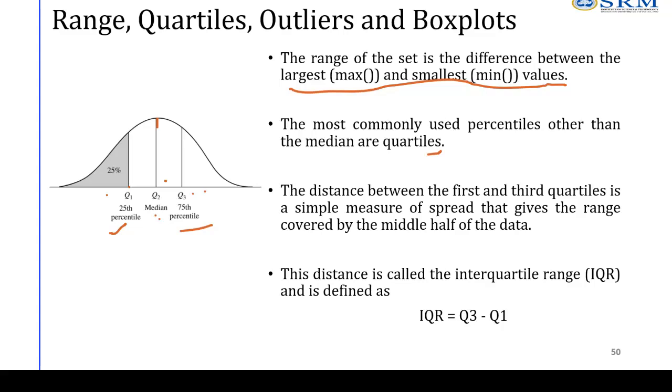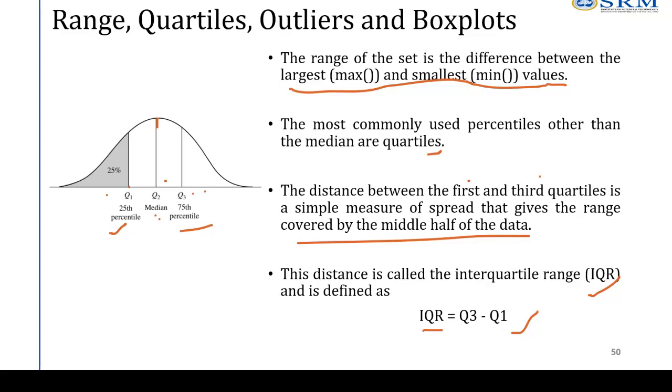The distance between the first and the third quartile is a simple measure of the spread that gives the range covered by the middle half of the data. So there's a concept called the interquartile range, which is defined as the third quartile minus the first quartile. This measure, the interquartile range, is going to play a major role in finding outliers in our forthcoming videos.